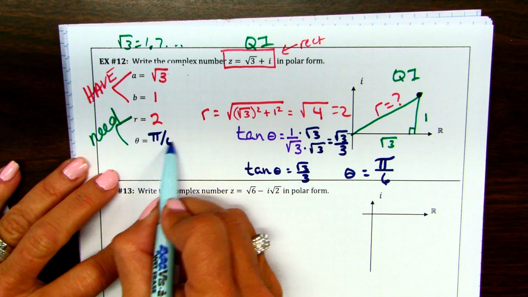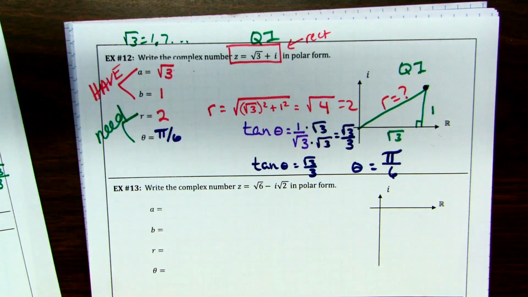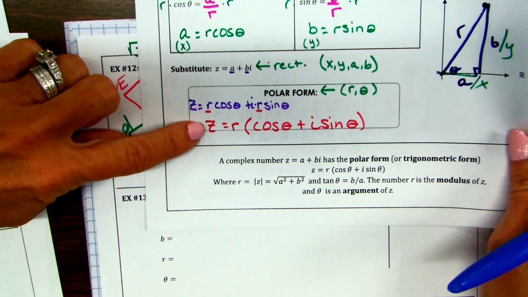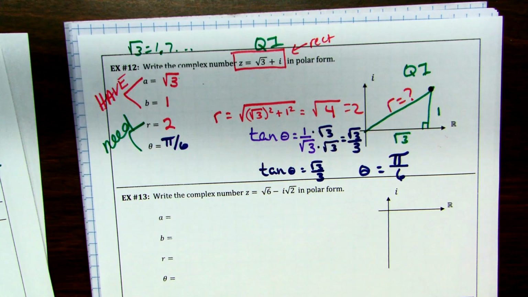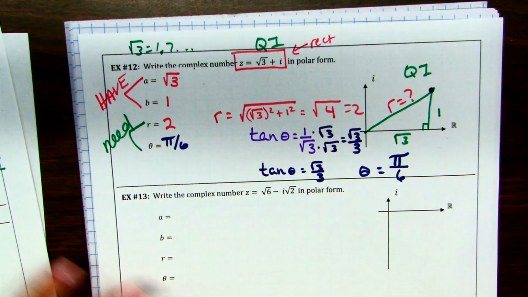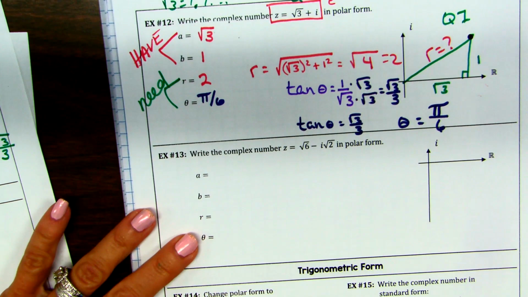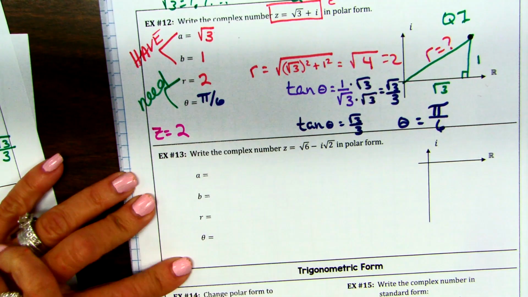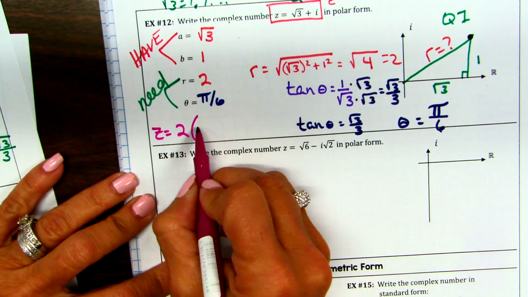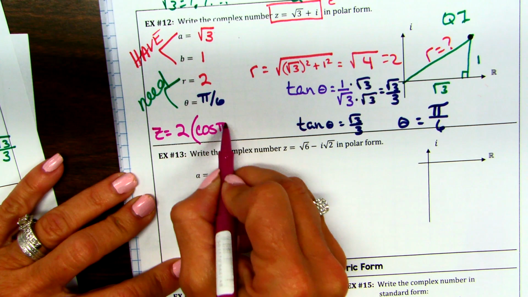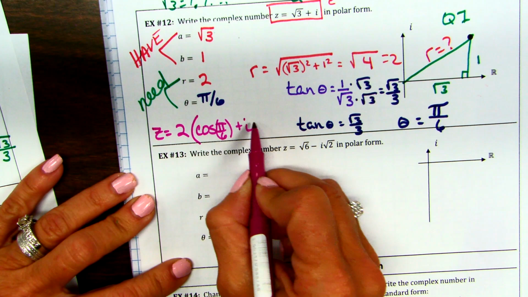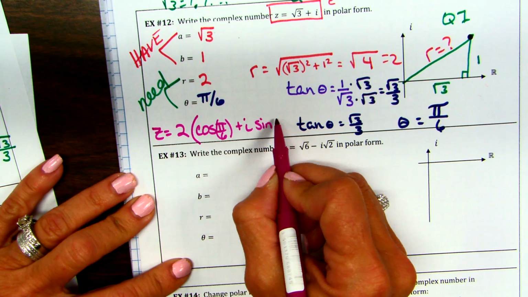Now I have r and theta, which is everything I need to write my final answer in polar form. So I'm going from rectangular form to polar form right here. Z equals r, parentheses, cosine of theta plus i sine of theta.